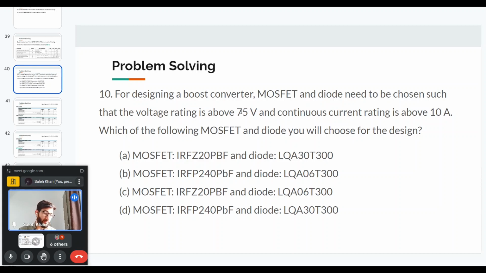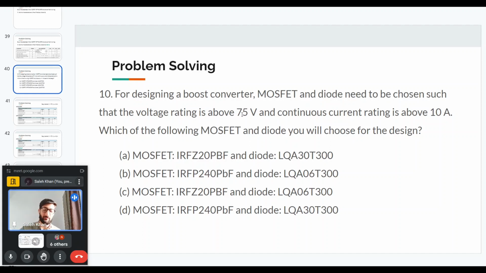So you will not be able to reach your 75 volt output, and you cannot use the boost converter as intended. So that is why you have to use a device whose rating is above the output voltage that you require.